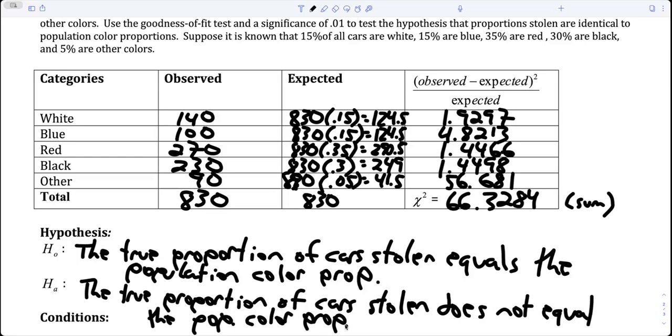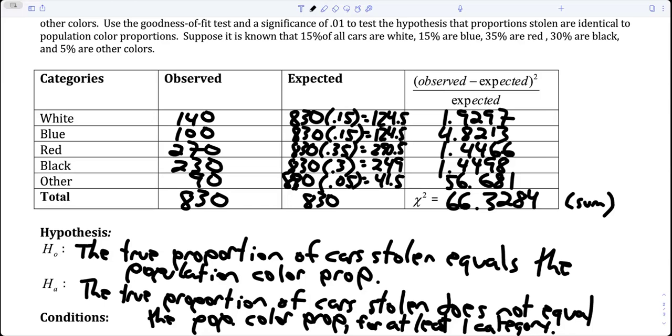And let me add one other thing to that. I'm gonna say for at least one category. So in other words, if one category is significantly different from what it is expected to be, that would cause the chi-squared test to have strong evidence against the null hypothesis.